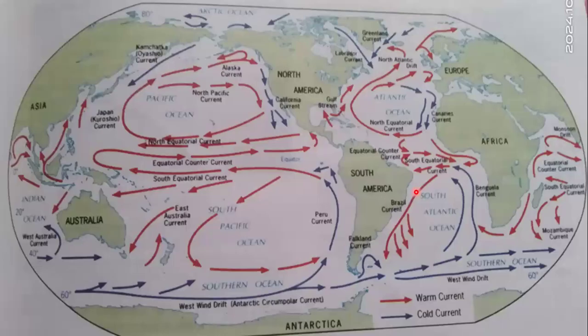So we can say that the ocean currents act like a conveyor belt, transporting the water from the warmer areas towards the cooler areas and from the cooler areas towards the warmer areas.